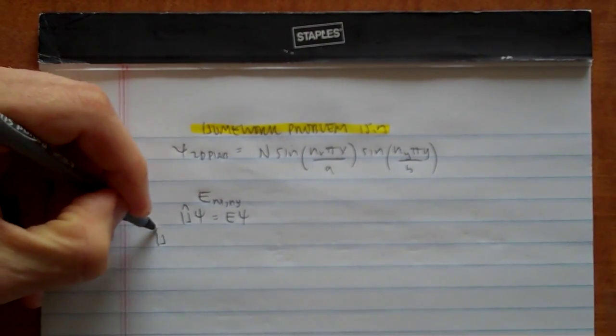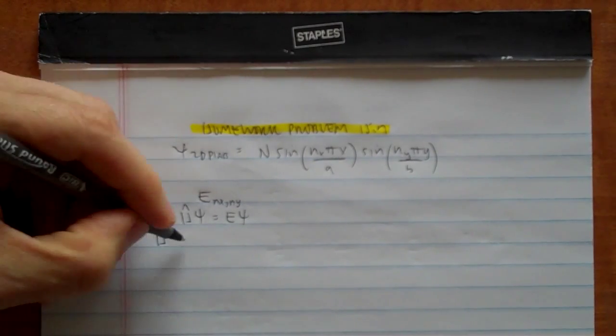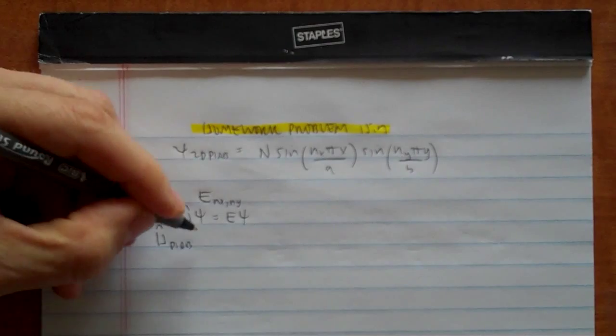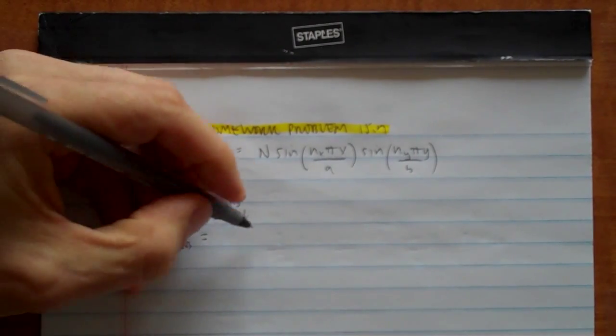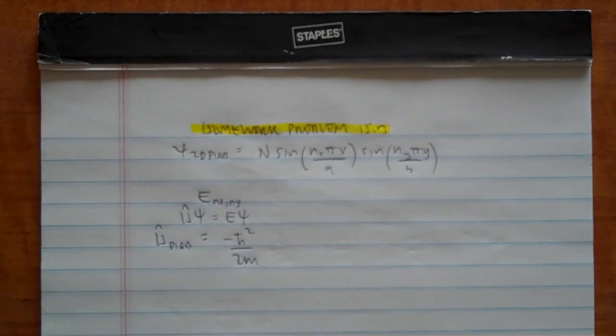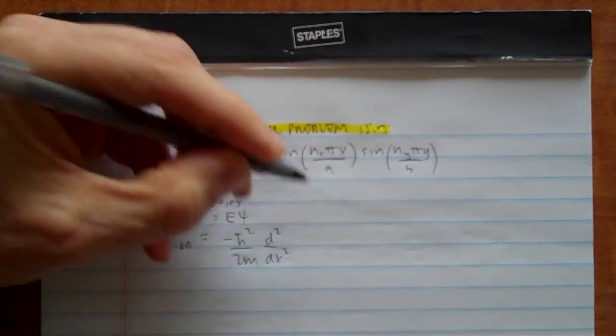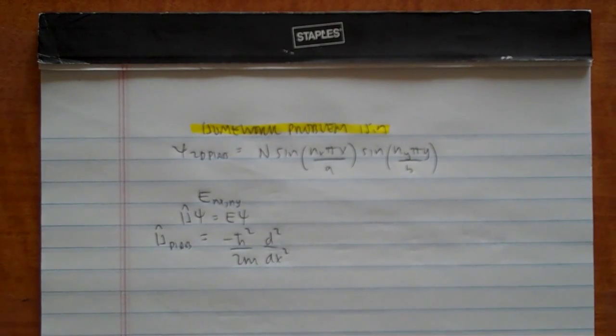Let's review what H hat is for a particle in a box. It is minus h bar squared over 2m d squared dx squared, right? Second derivative of that.